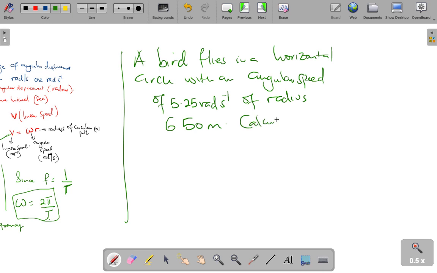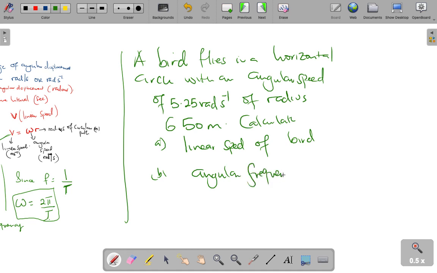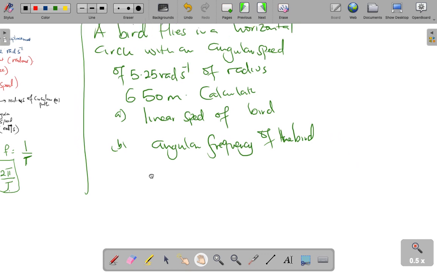Then calculate part A, the linear speed of the bird. Part B, angular frequency of the bird. Sorry, my handwriting is a bit crazy, but I hope you understand.